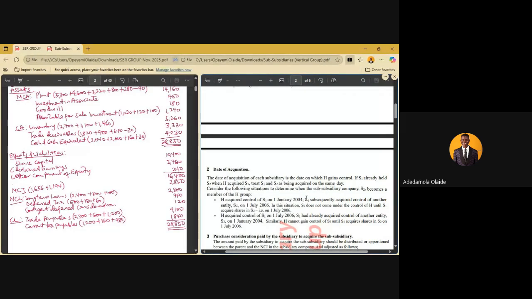B has already acquired C since 1st January 2012, but A only acquired B on 1st January 2016. It is still that same 1st January 2016 that will be taken to be the date of acquisition of B, because it is the control they acquire in B that makes them acquire C. It is that same 1st January that will be seen as the date of acquisition of C.